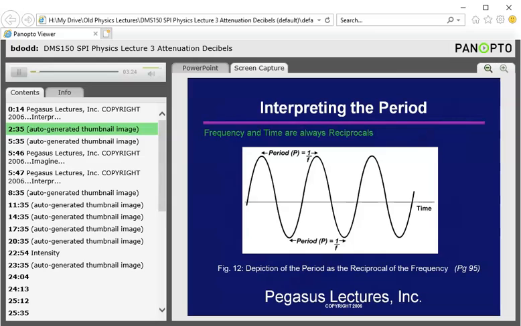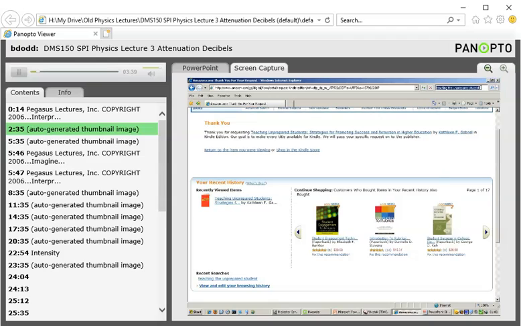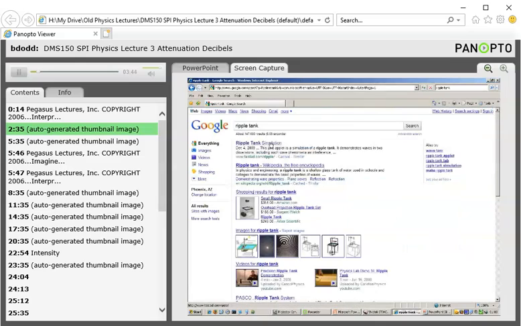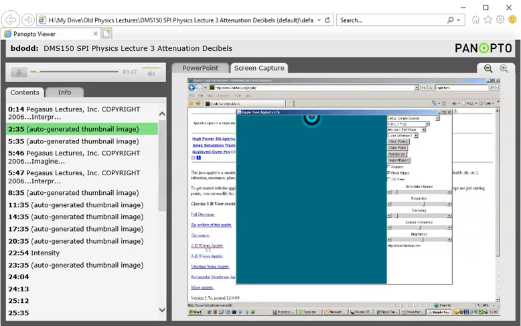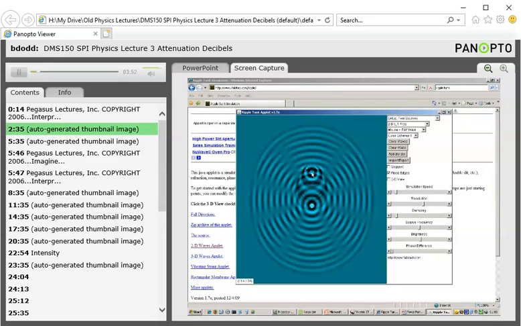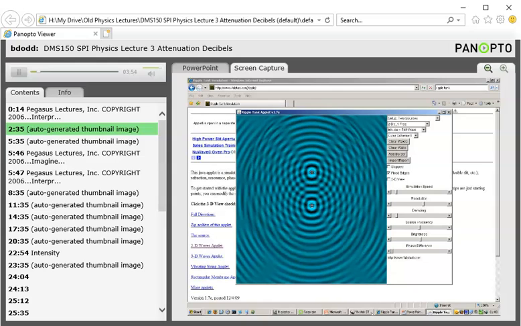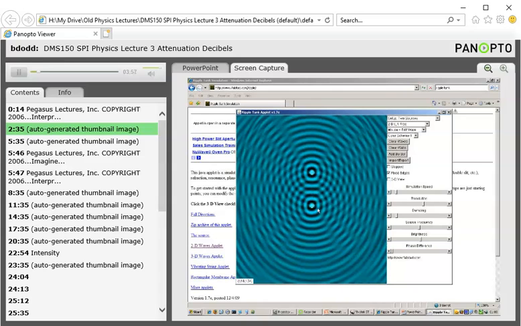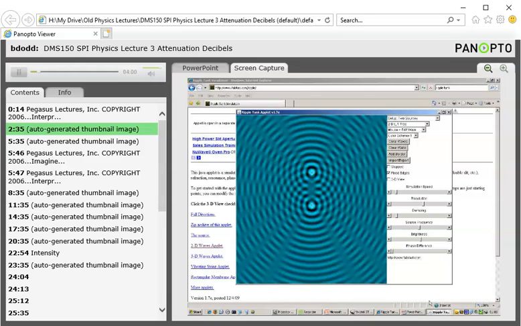Now let me show you a quick demonstration of waves adding. All right, so here's a ripple tank simulation. We're going to put two sources on there and move them a little apart. You can see as they interact together, these radiating lines come out from it.